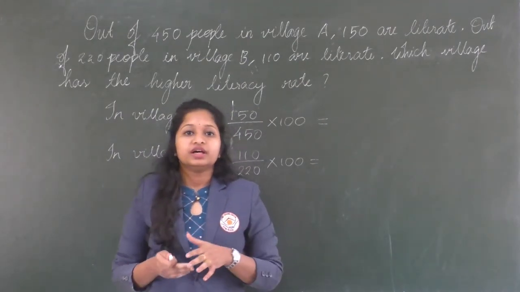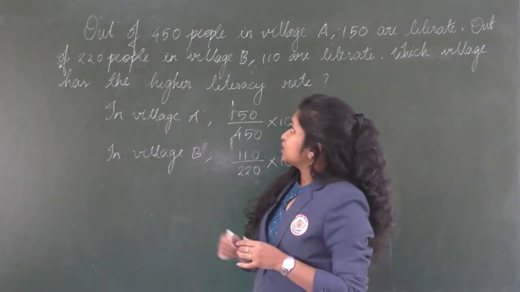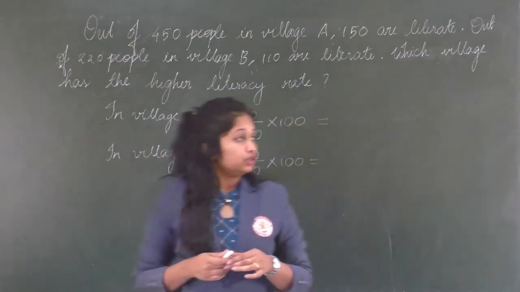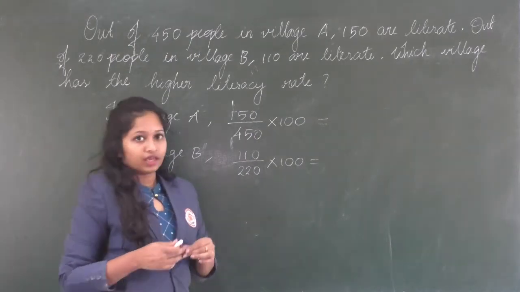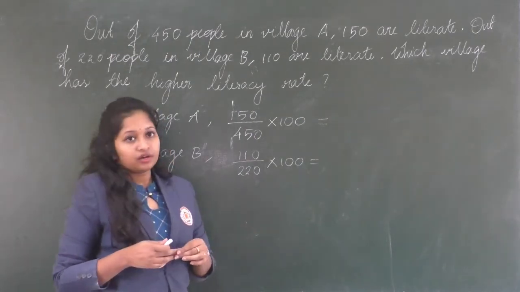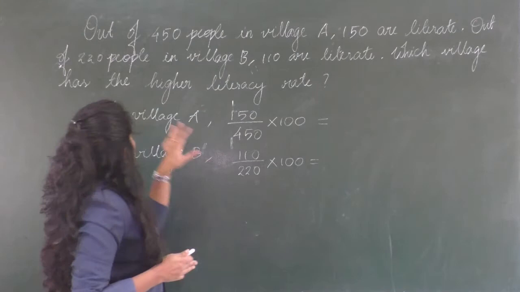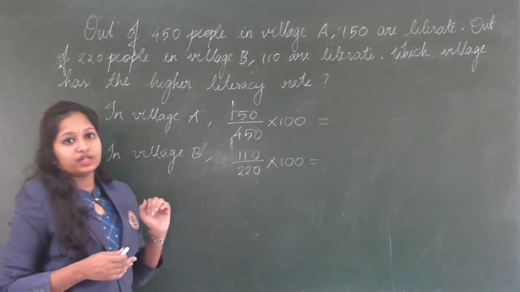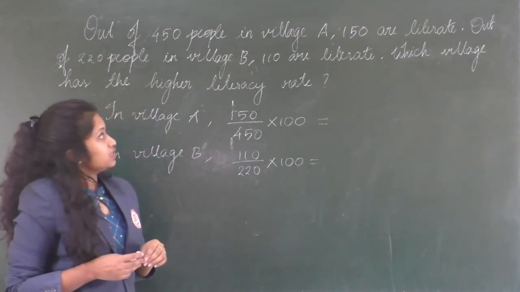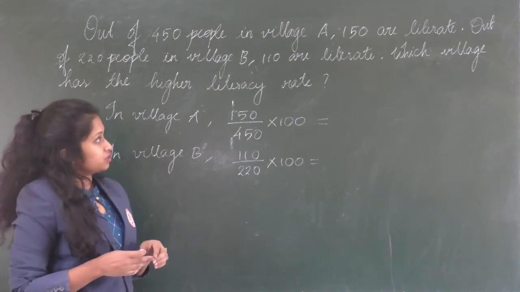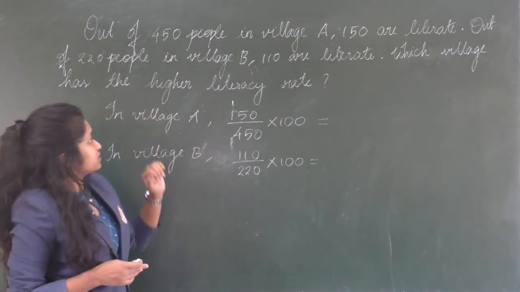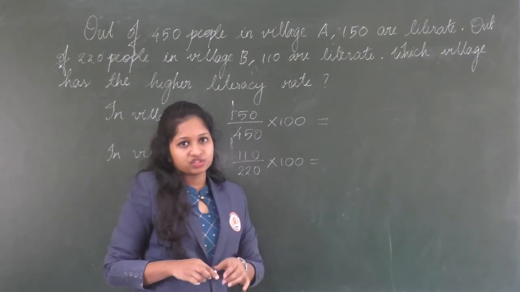So here I have a question, that is, out of 450 people in a village A, 150 are literate. Out of 220 people in village B, 110 are literate. Which village has the highest literacy rate?